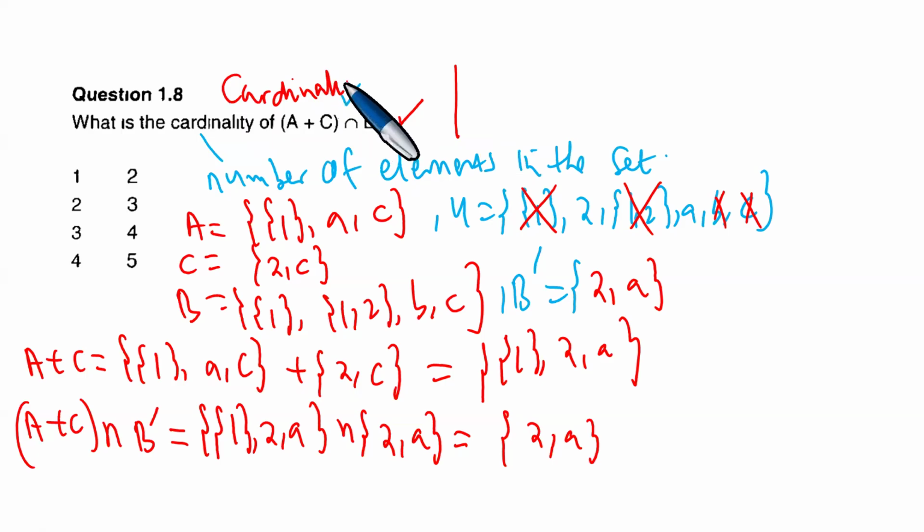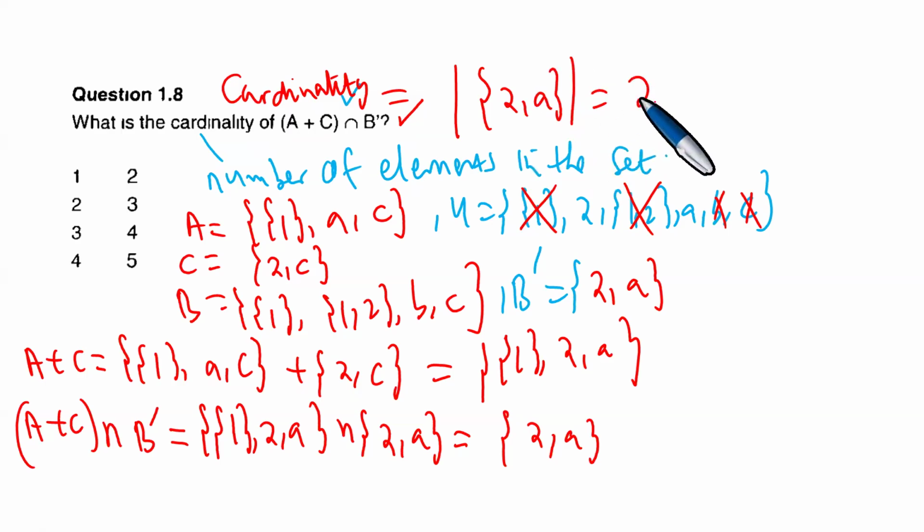This is the cardinality, which is 2 and A, and the cardinality therefore is 2, because the elements are 2 and A, and therefore the correct option is option 1. Okay, we continue with more practice and we try the next question.